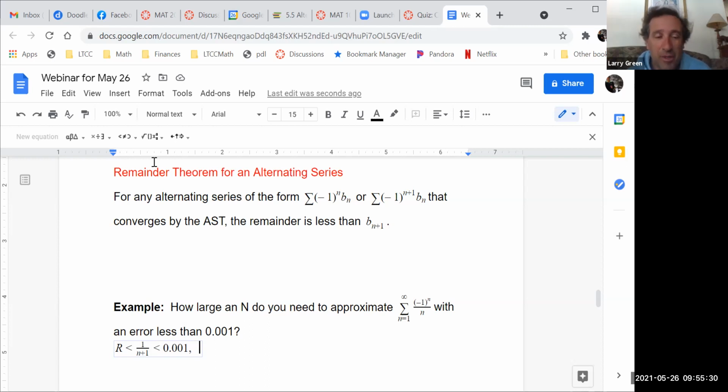You take the reciprocal of both sides, and we get n plus 1. And when you take the reciprocal of both sides, the less than becomes greater than sign. Right? It changes the inequality when you take reciprocals. And the reciprocal of 0.001 is 1,000, because remember 0.001 read in words is one thousandth, and the reciprocal of one thousandth is 1,000.